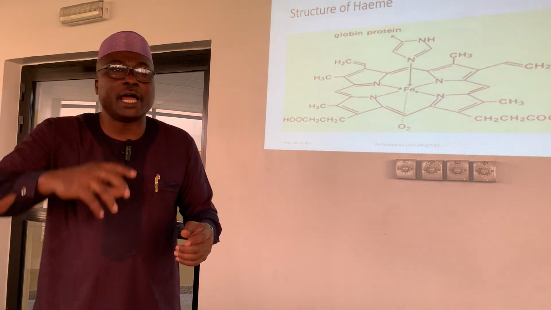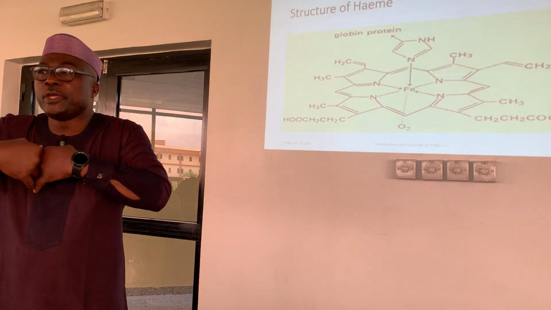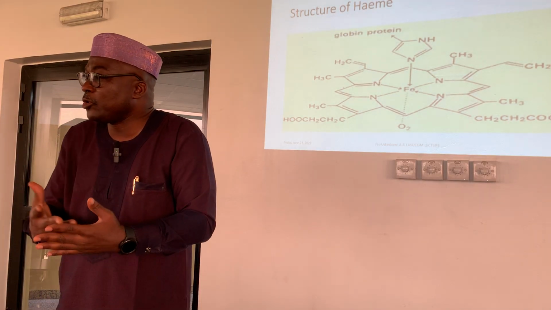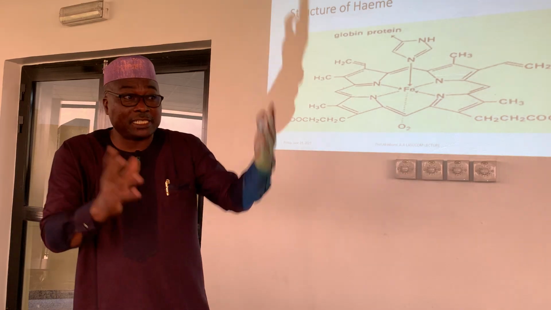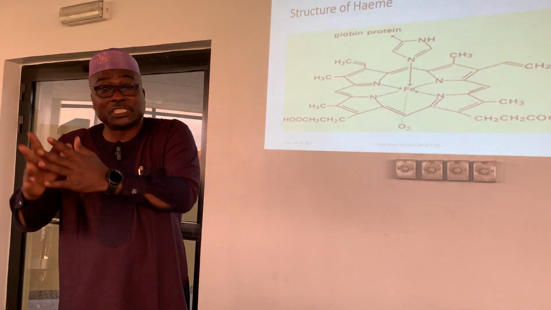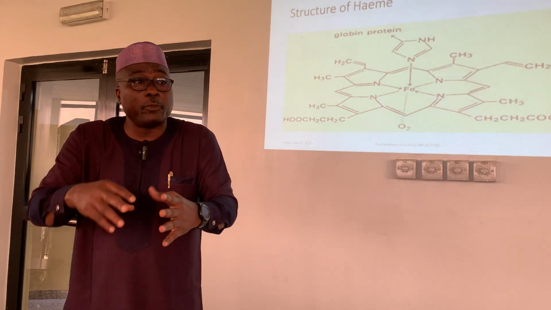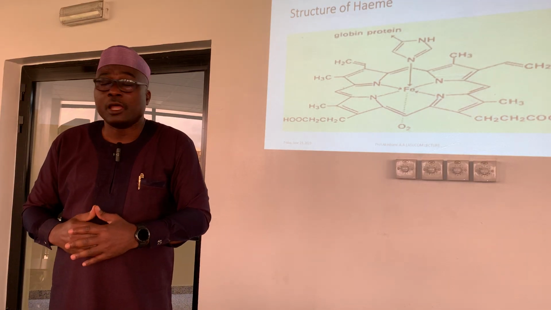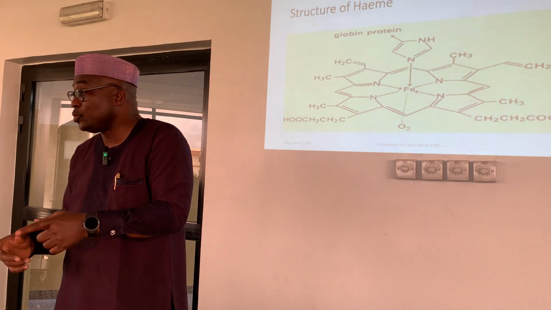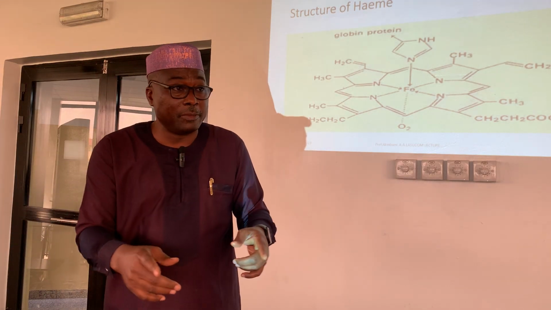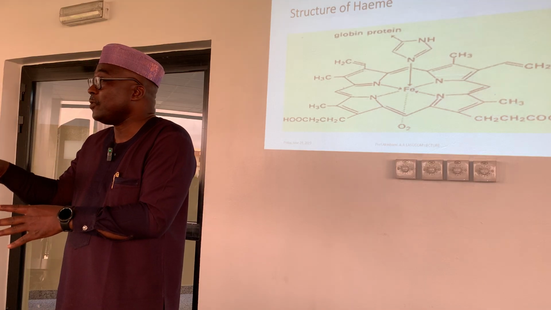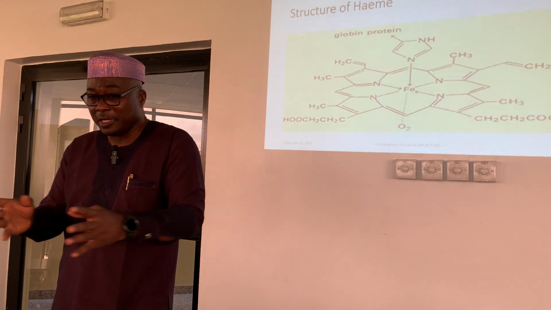Okay, so they are destroyed, and then the hemoglobin is released. Once the hemoglobin is released, the alpha chain, the beta chain, all the chains will be broken down to the various amino acids for reuse. And then the heme will also be broken down, and then you have iron separately.